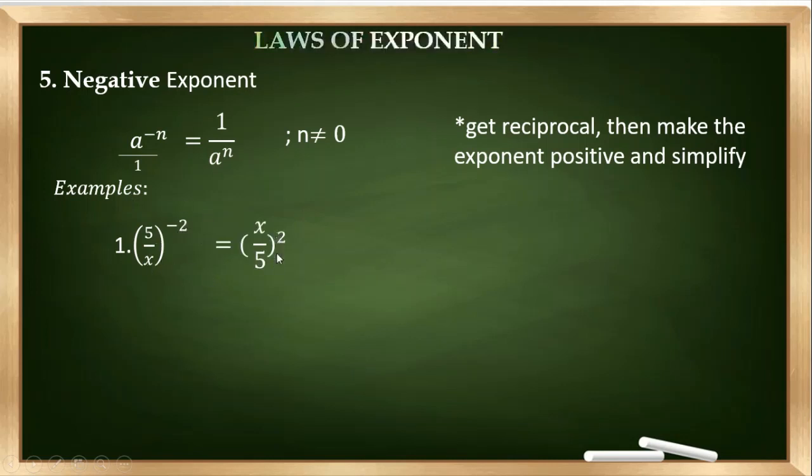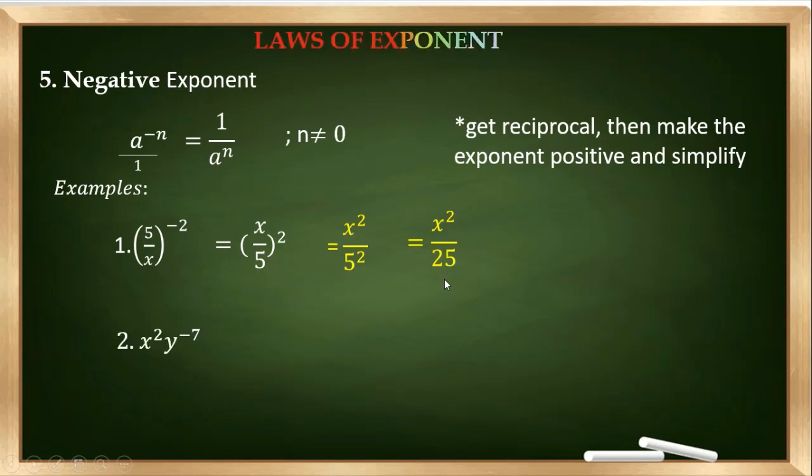So we have here x over 5 and then make the exponent positive. Right? So to simplify that, distribute natin since naka-positive na exponent natin, so x squared and 5 squared. Okay? And 5 squared is equal to 25. So final answer is x squared over 25.